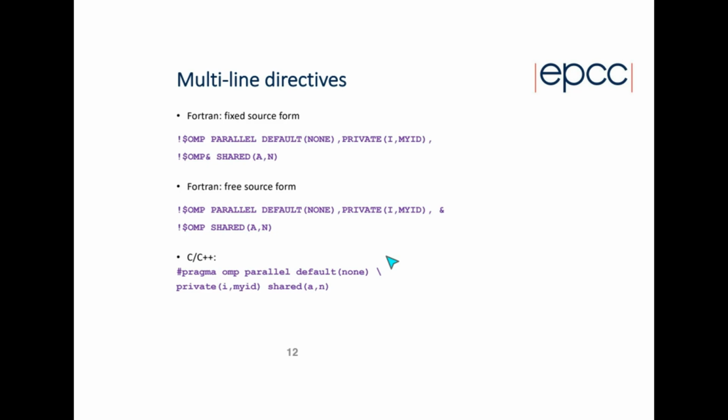The gotcha to be aware of here is that you cannot have any white space after the backslash. That will confuse it and cause an error. It's one of those nasty things that's just inherited from the C preprocessor syntax.